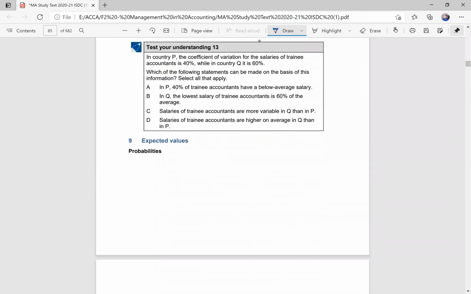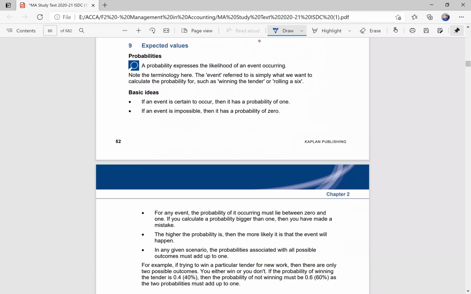That is all. Now coming towards expected values. In probabilities, let me first explain what probabilities are. In some situations we do not know when some events are going to occur and how much is the possibility of them occurring. So you multiply by the probability to understand the chances of them occurring.